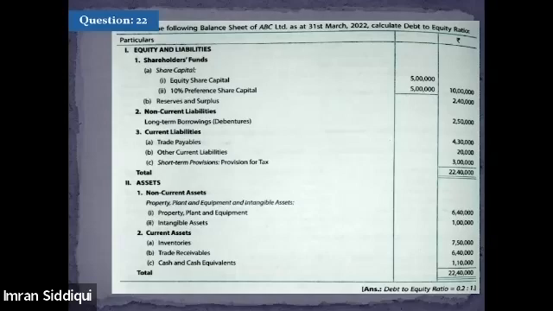This might seem difficult because it gives you the balance sheet, but this is pretty simple. All you need to do is find out the value of the non-current liability and the equities. That is it. Not the entire balance sheet is useful. You just need to figure out the value of the shareholders fund and the non-current liability. That is it. All right. I think you will be able to do it. Take the screenshot.